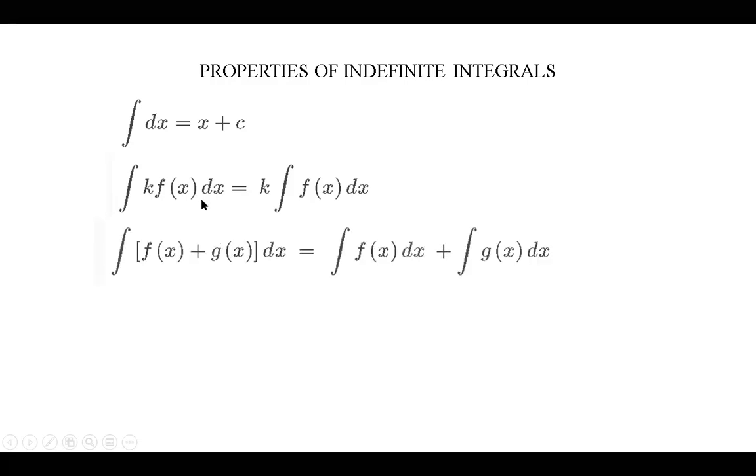Right? And third is the integral of f of x plus g of x dx, which is simply the integral of f of x dx plus the integral of g of x dx. So, if you are given a function with multiple terms, the integrand consists of a sum of terms, and each term may be integrated separately.